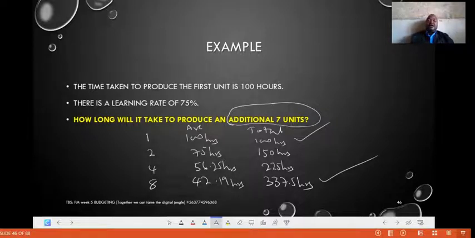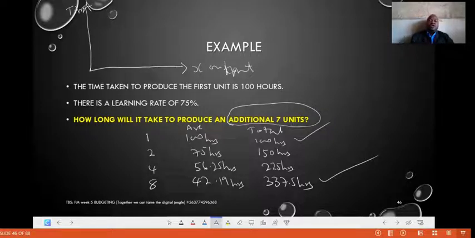What this simply means, in pictorial view, is that we are having something like this. Graphically, this is our graph, ladies and gentlemen. The y-axis is the time, and this is the x, the output.